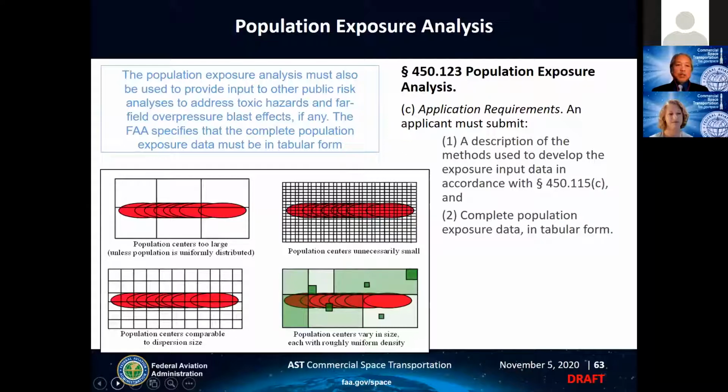Bottom left kind of shows the grids comparable in size to the dispersion area, and the bottom right shows probably what's more reality, where you have population centers spread out a little more with concentrations in various areas. So that takes me to the end of this section here.